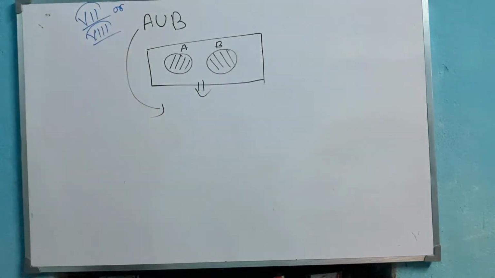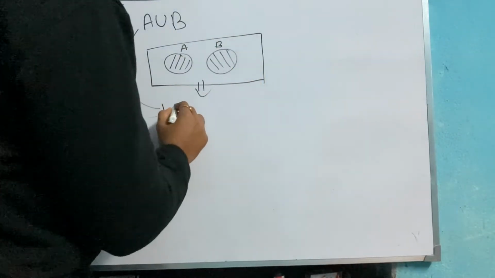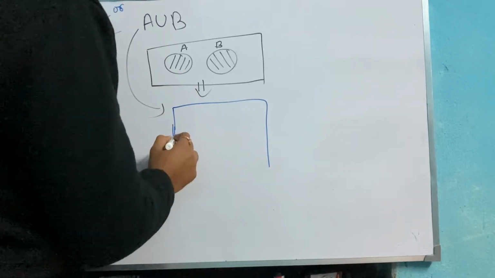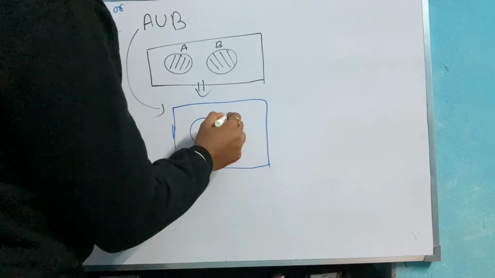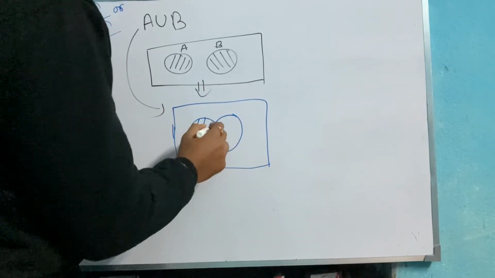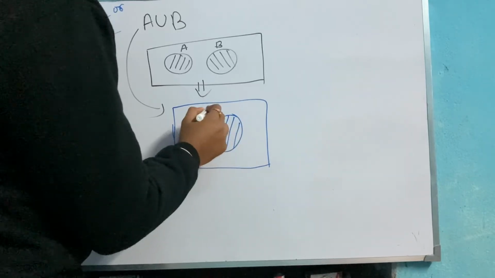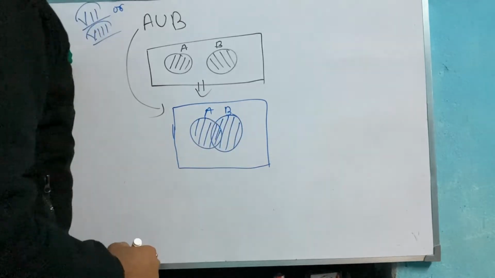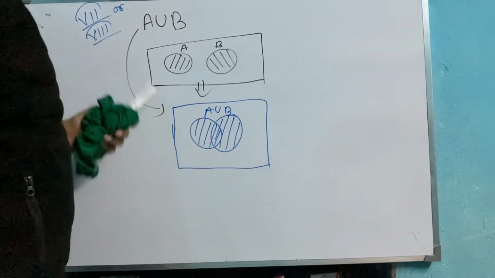What will be the union of these two sets? That must be written by something like this on a paper. You may also draw it. Here this is A union B. What does this mean?